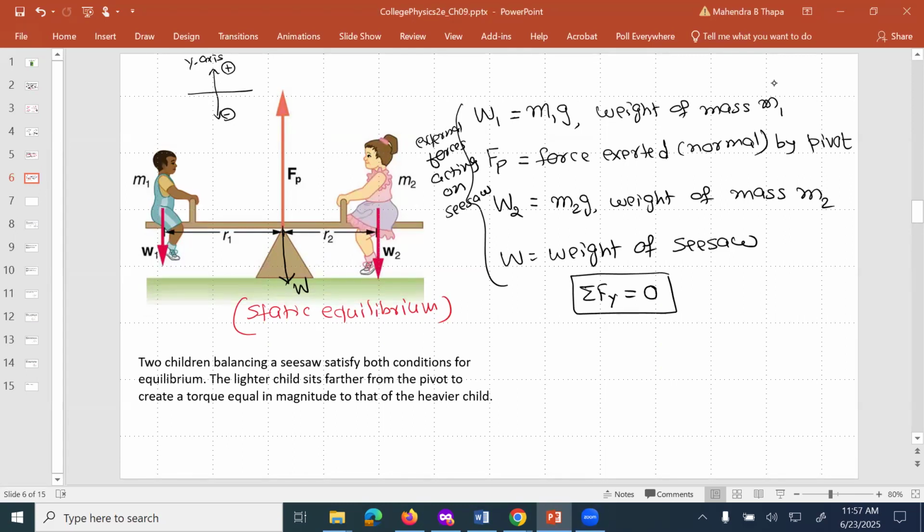Based on this picture, I can write: W1 is vertically down, so minus W1, plus Fp, minus W, minus W2, equals 0. Right? So we got this from using this condition.